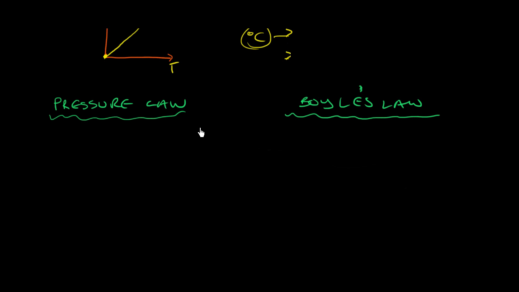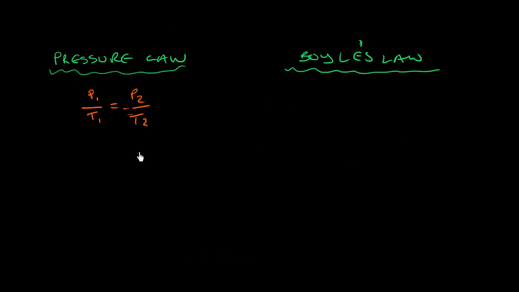Okay, so the pressure law is basically represented by this equation, which is P1 over T1 equals P2 over T2. So you can use this to solve some problems, and we'll do an example of that in a second. In terms of the law, what it says is basically what we're just talking about right now, which is as you increase the temperature of a gas, in this case, these laws talk about gases.